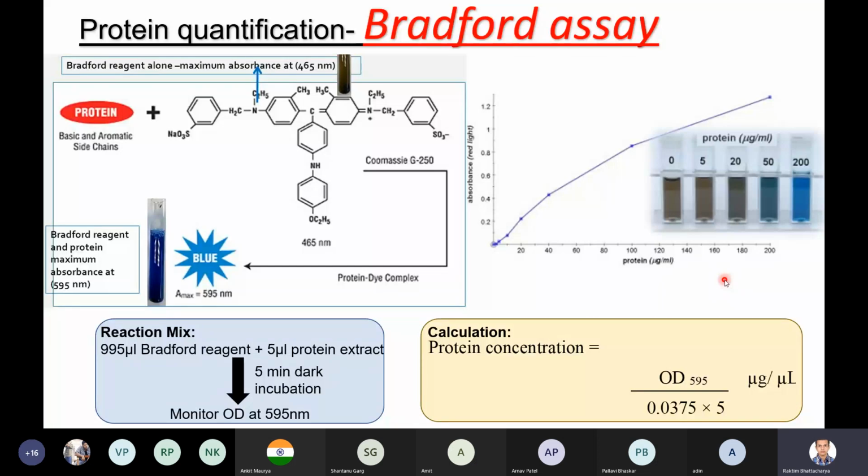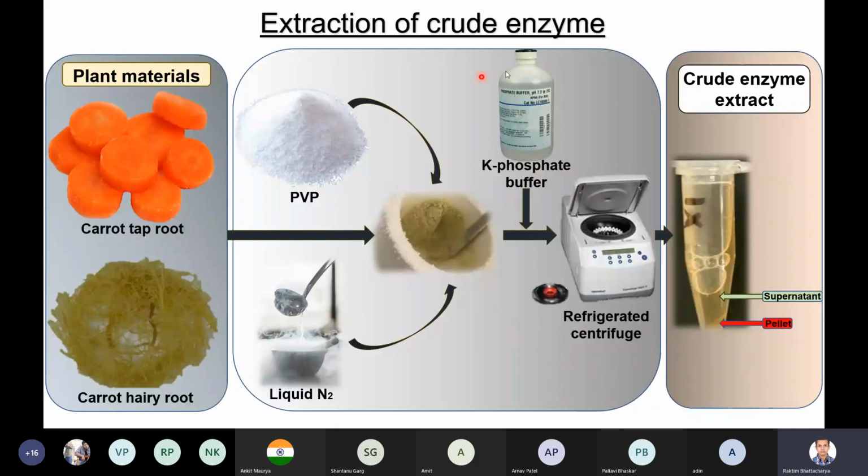Another reason is that the buffer we have used is also known as the extraction buffer, the buffer in which your enzyme is being extracted. This extraction buffer varies from sample to sample and from enzyme to enzyme. We need to check the protein content to make sure that your extraction buffer is in working condition, that your plant sample is compatible with the potassium phosphate buffer of pH 7.2 at 25 degrees Celsius.